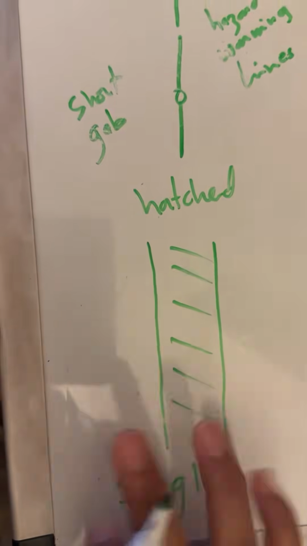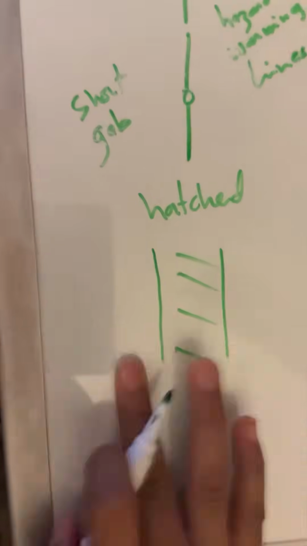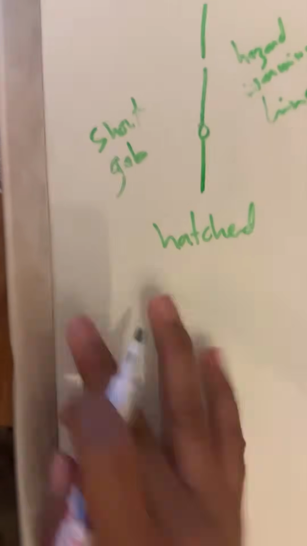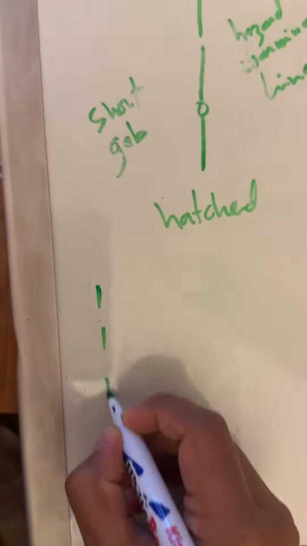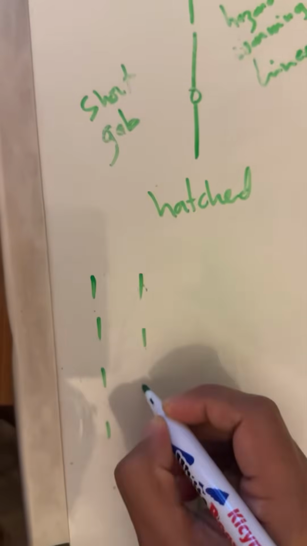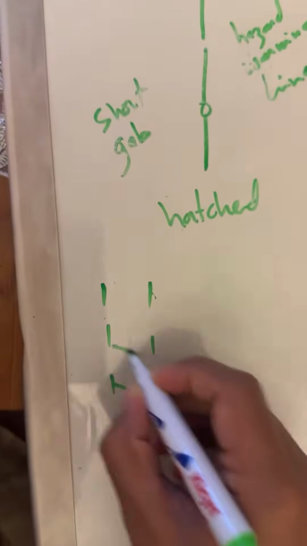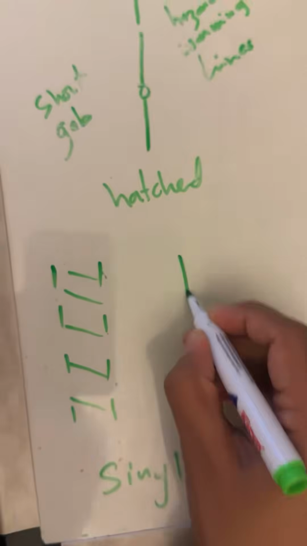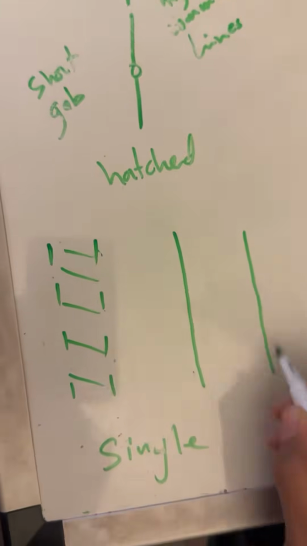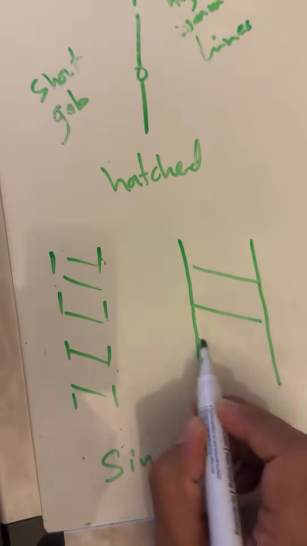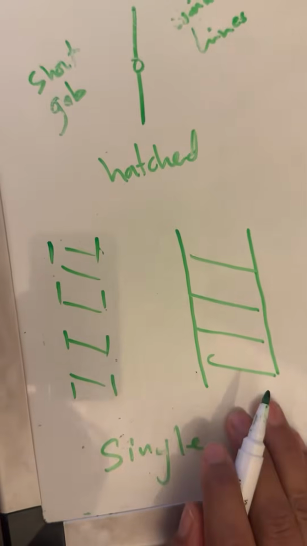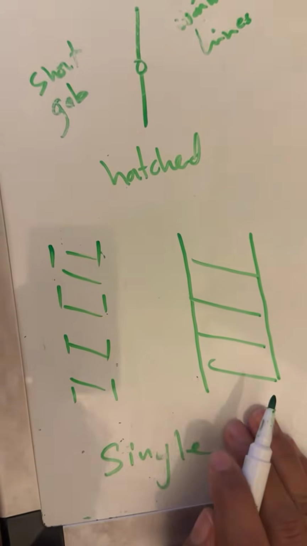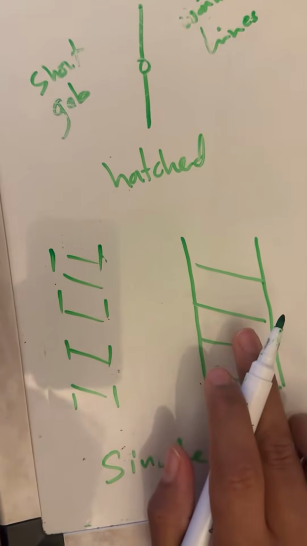Okay. We have two cases. The hatched area is surrounded by a broken line, like that. It could be surrounded by a solid line. Remember what I said about a solid line? A solid line means a wall. Don't cross that line, sorry.